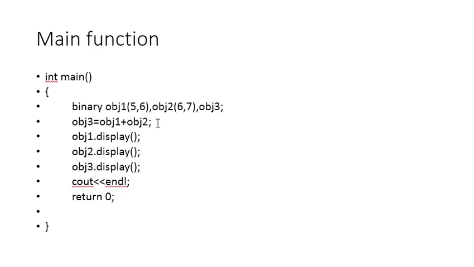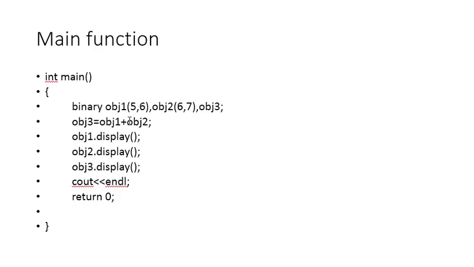So these two objects will be added and the result will be in object 3, as object 3 is equal to object 1 plus object 2. We will simply display the values: object 1 dot display, object 2 dot display, and object 3 dot display will give us the sum.